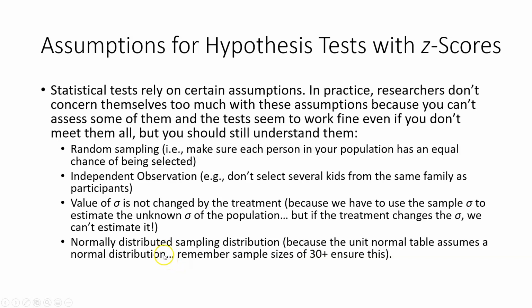And that's okay because, like I said, if we have a sample size of 30 or more, then our sampling distribution will be normal even if your population isn't. But if your population is normally distributed, it's okay to have sample sizes less than 30 because then it will be normal too.